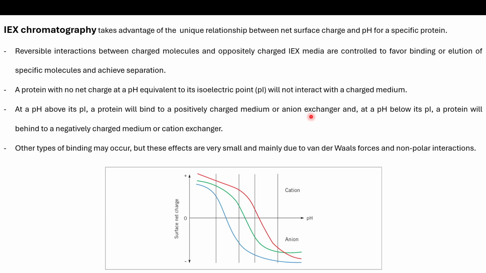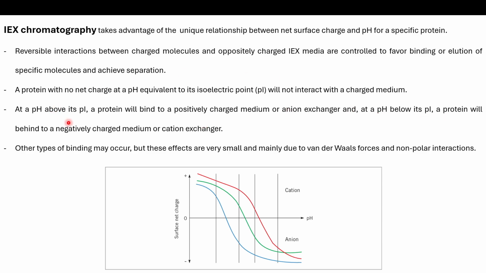That's why this is an anion exchanger or anion exchange chromatography, but the medium is positively charged. Okay, because to this positively charged matrix, anionic compounds are interacting.